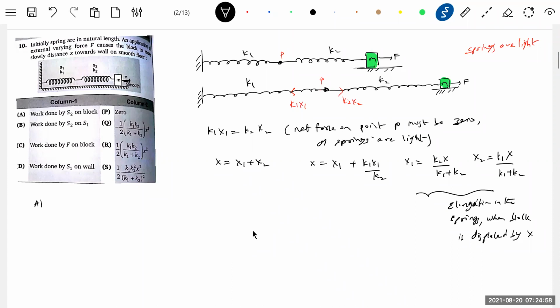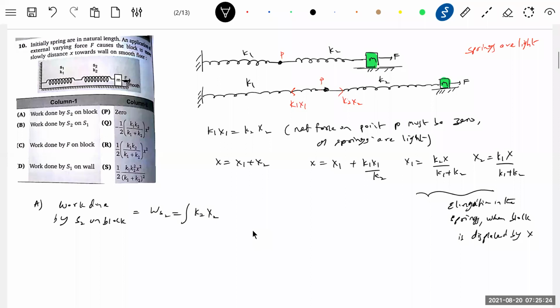Let's explore option A. Work done by S2 on the block. Work done by the spring force 2 on the block is what is being asked. So this should be equal to WS2. What is the force acting on the block? K2 x2. Work done by the spring S2 on the block.